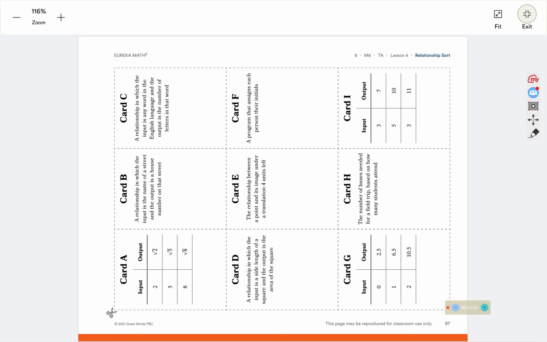Some students may choose to separate their functions out based on whether they are numerical functions or if they have some qualitative aspect to it, a different type of characteristic like letters and words. You may also sort them into linear versus nonlinear relationships. But ultimately, the goal of today's lesson is to look at different types of functions. And so you might want to choose to sort it based on things that are functions versus ones that are not.